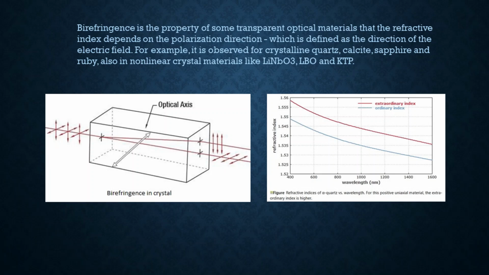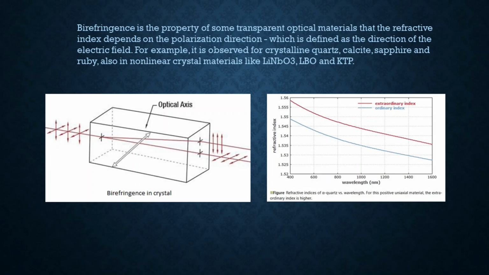That is, along the optic axis, the velocity of the O ray and E ray is similar. Along this axis, the optic axis, the velocity is equal and there is no double refraction.